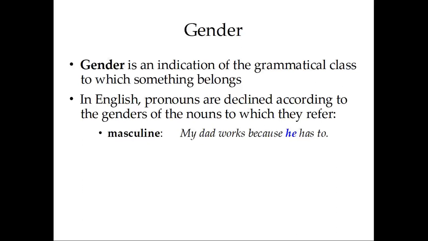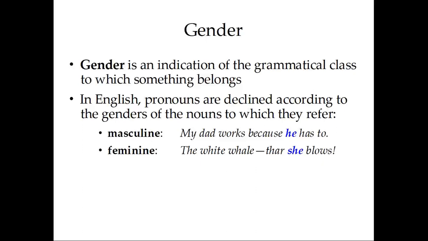Fairly straightforward. Feminine, the white whale, thar she blows. Now, this is maybe a little less straightforward because I think we might refer to a whale as she, regardless of whether it were really male or female, just as we might refer to a boat sometimes as she.